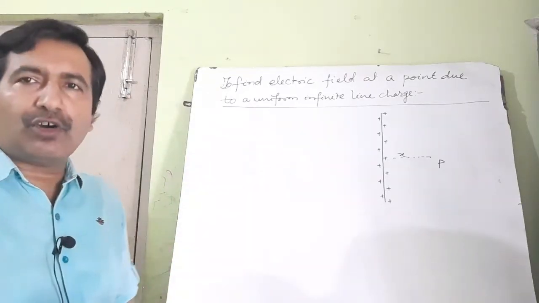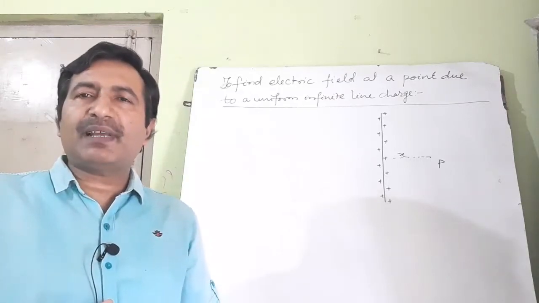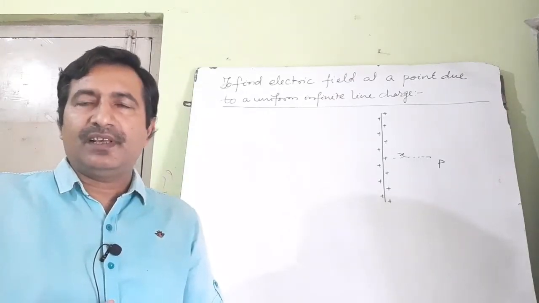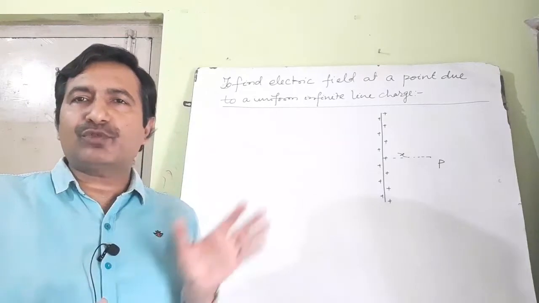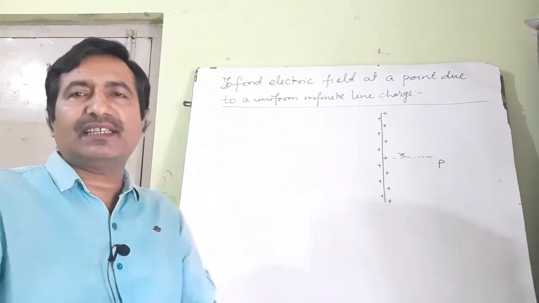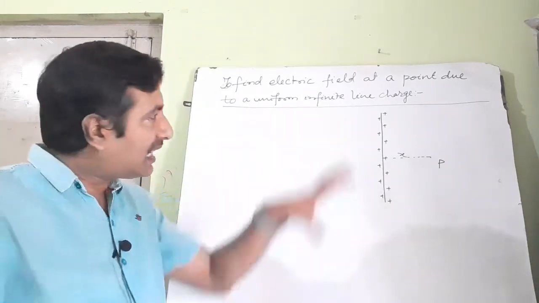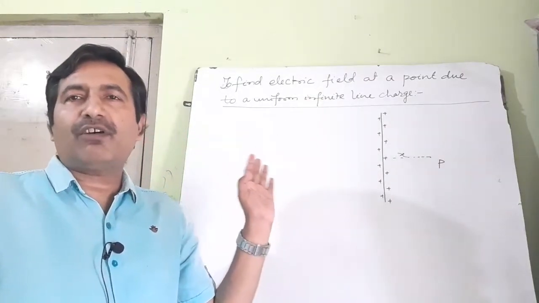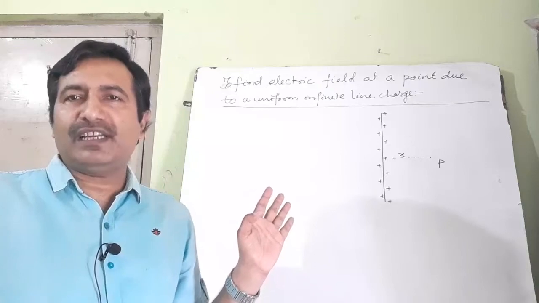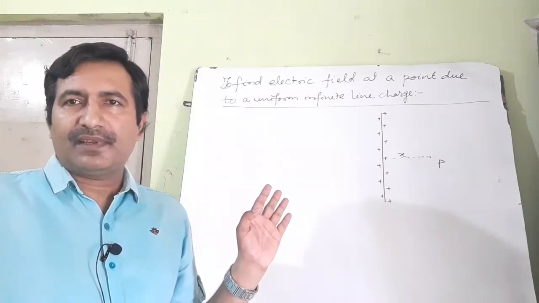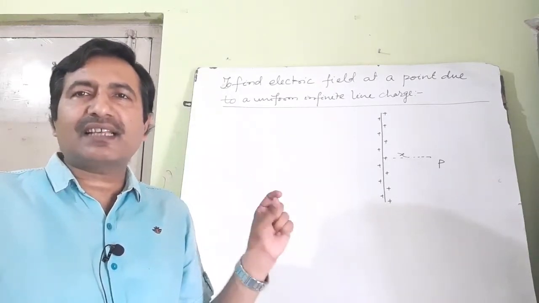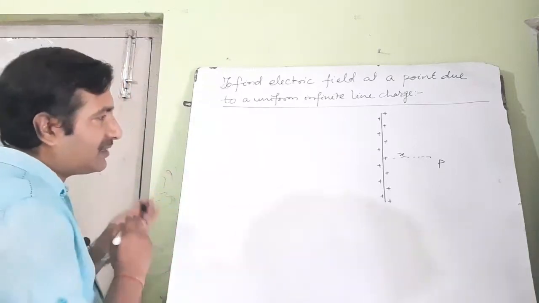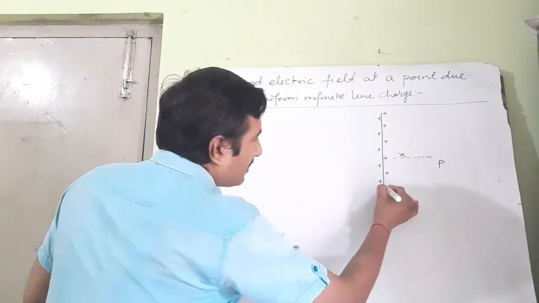As you know, Coulomb's law is applicable for a point charge. So we will come to the point charge for this line charge. This line charge can be supposed to be made of a large number of small elements. Let us consider one such infinitesimally small element, and that element is this one.